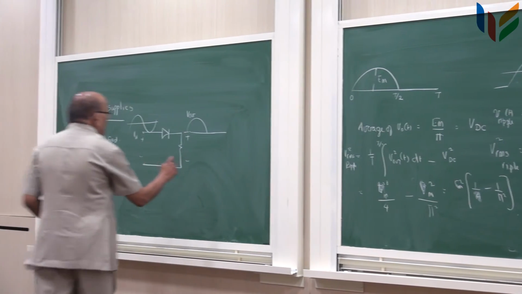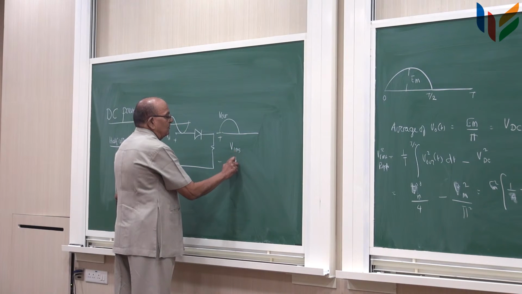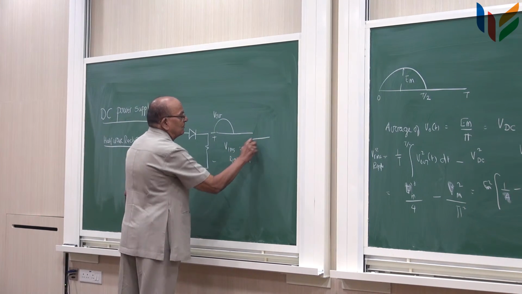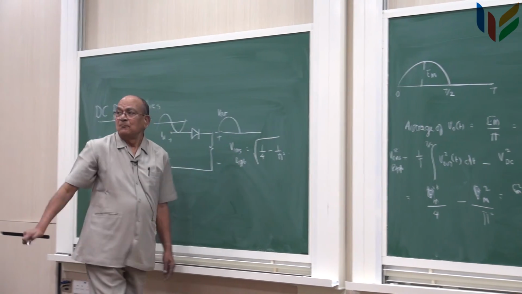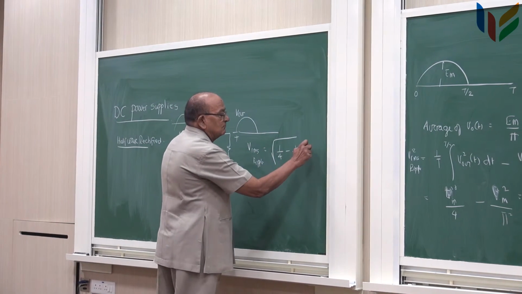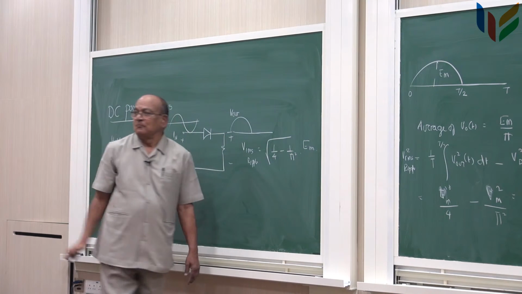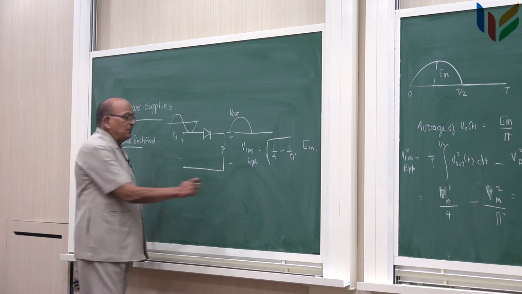So the Vrms of the ripple is equal to the square root of this into Em, agreed? And what is VDC equal to?